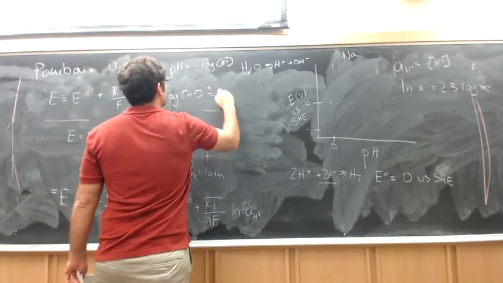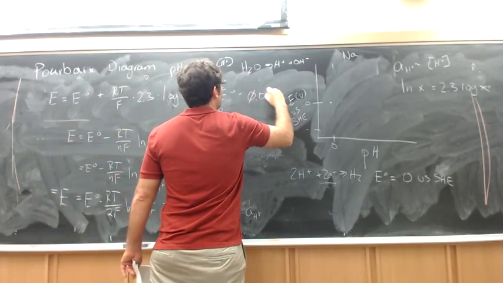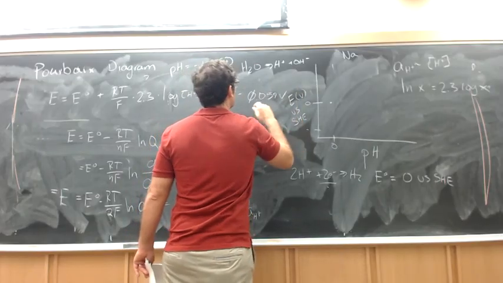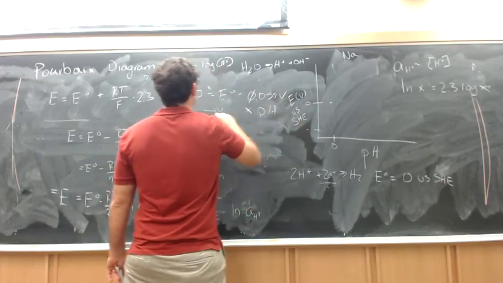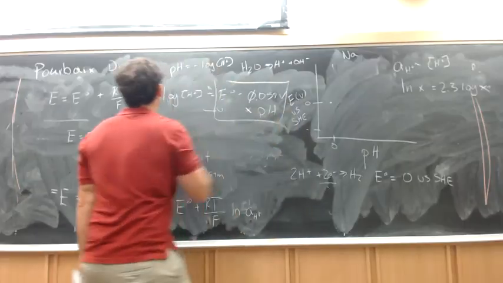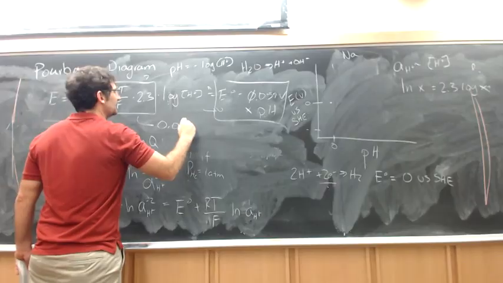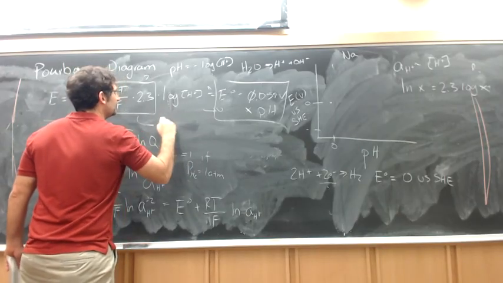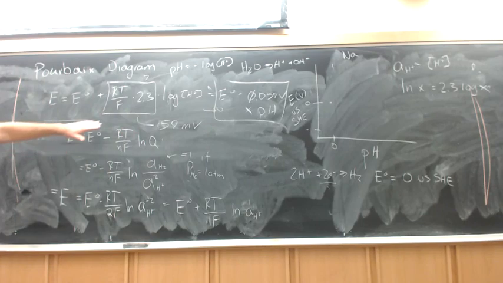So we have E naught minus 0.059 volts times pH. These prefactors at room temperature are 0.059, or 59 millivolts. So that's the slope.